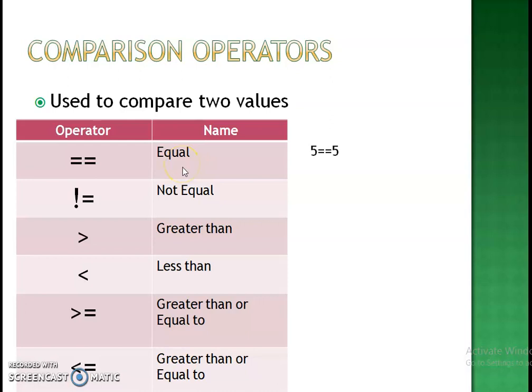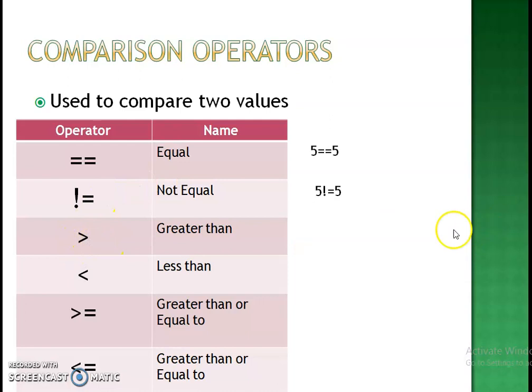Yes, it returns true because the value of 5 is equivalent to the value of 5. Then when I check 5 is not equal to 5, this is false. The value of 5 is equivalent to 5, so when I check not equal to, it automatically returns false.